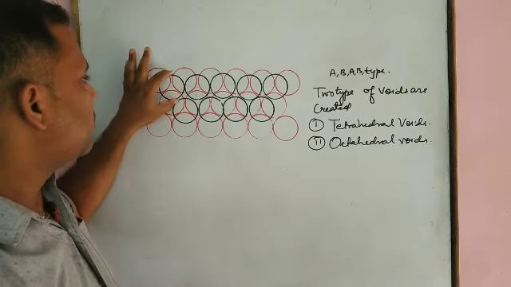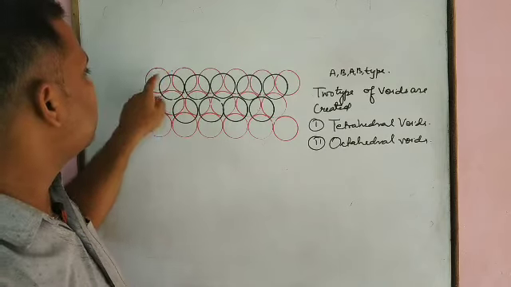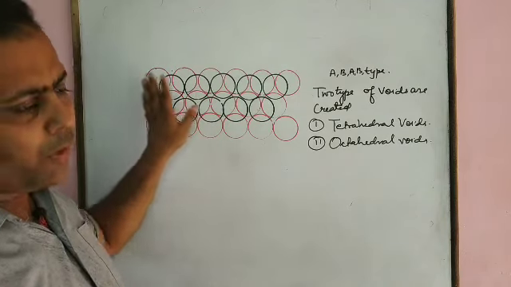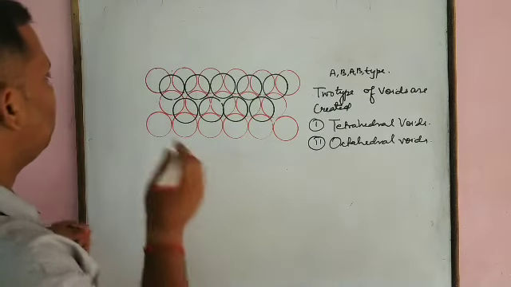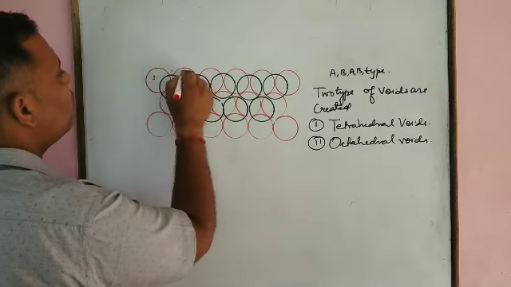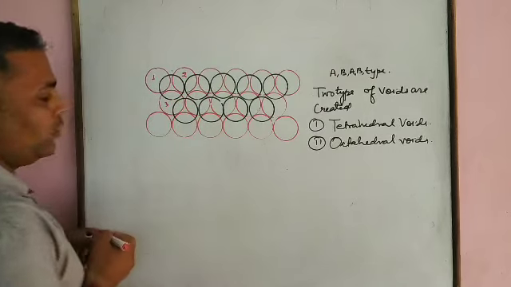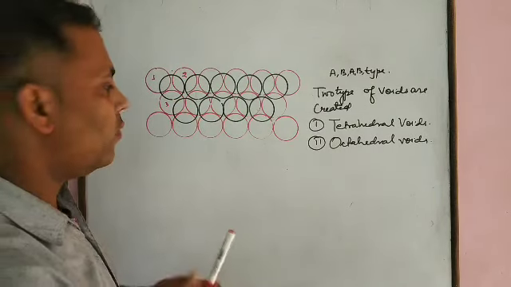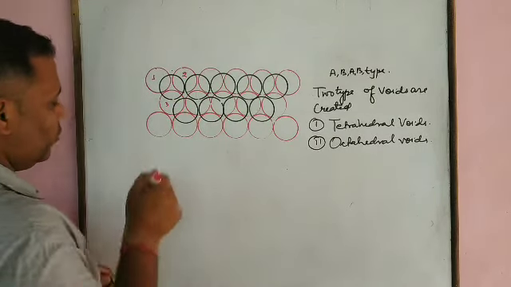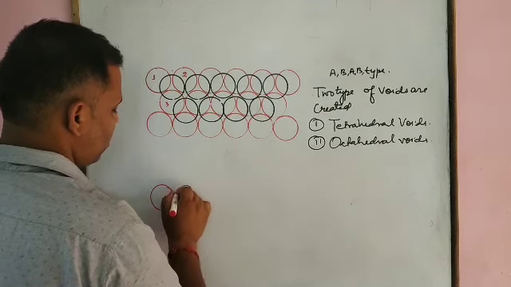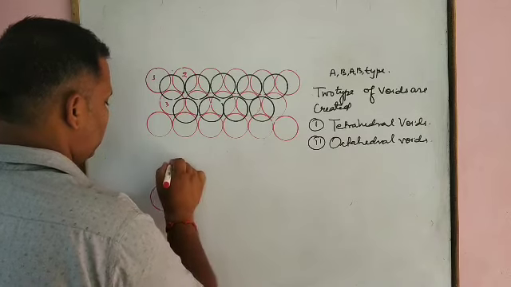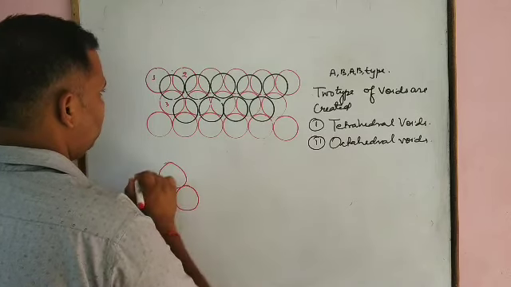When we place this upper sphere over these three spheres, the same arrangement is there. Then what happened? Let us draw it. The first one, 1, 2, 3. These are the spheres of the lower layer. I am going to draw it.